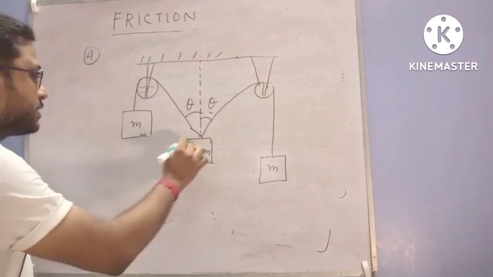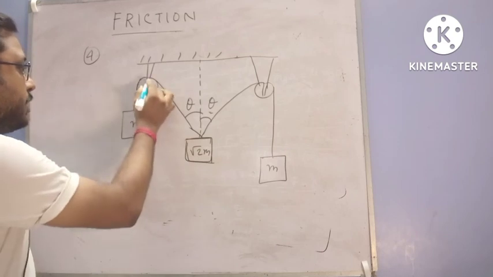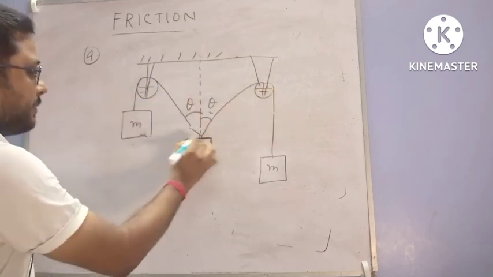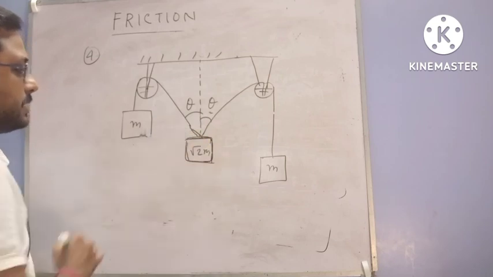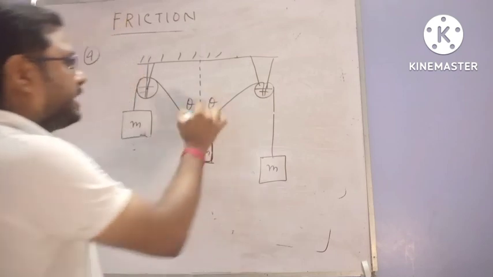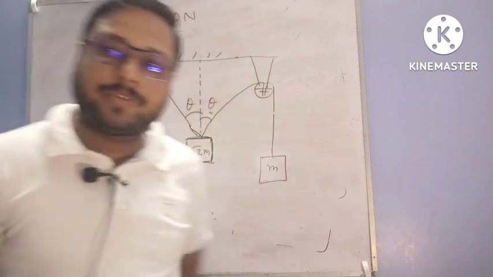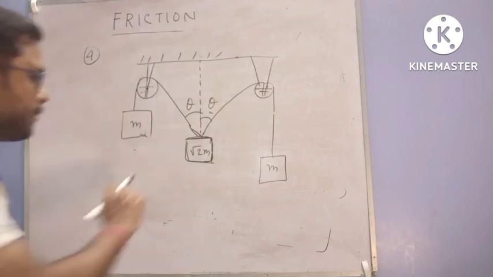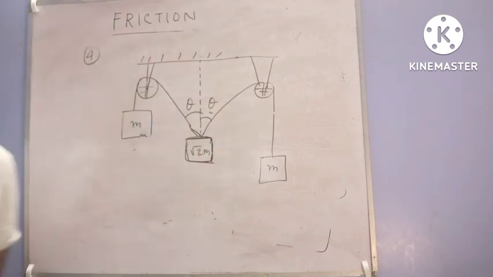For this type of question, there is pulley number 1, pulley number 2 and another mass hanged from these. The system remains in equilibrium for a certain value of theta. How can we find the value of theta? We can consider the free body diagram separately.